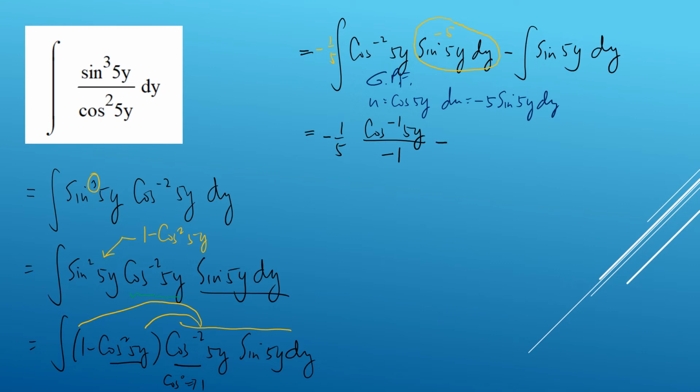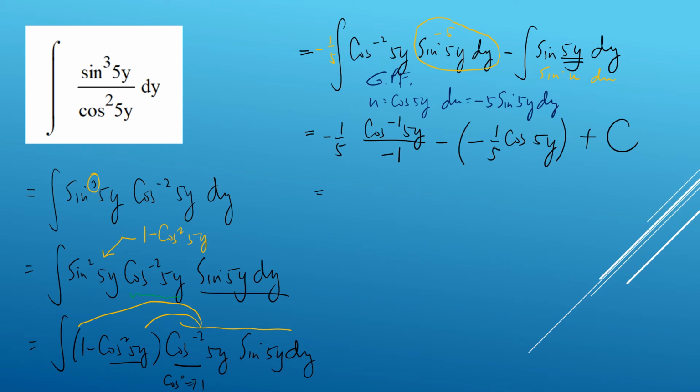Minus. For sine 5y dy, obviously, you will be using sine u du, and the integral of sine u du is negative cosine of 5y. But because of 5y, the differential is 5 dy, so we introduce 5 and multiply by 1/5, plus c. So the integral of sine is negative cosine, and because of 5y, we multiply it by 1/5.